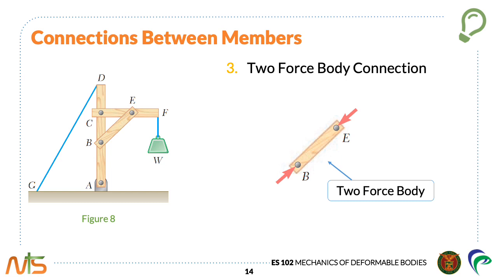So since this is a straight two force member, the internal force can produce only tension or compression in this member. The direction of the internal forces in member BE are also reflected in members AD and CF as shown in the previous slide.